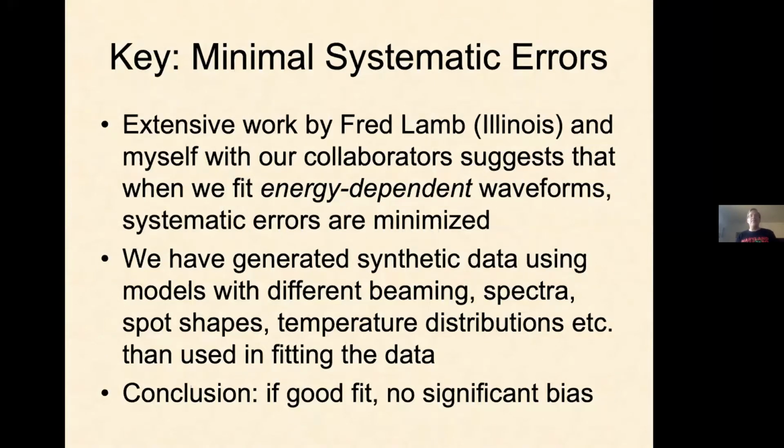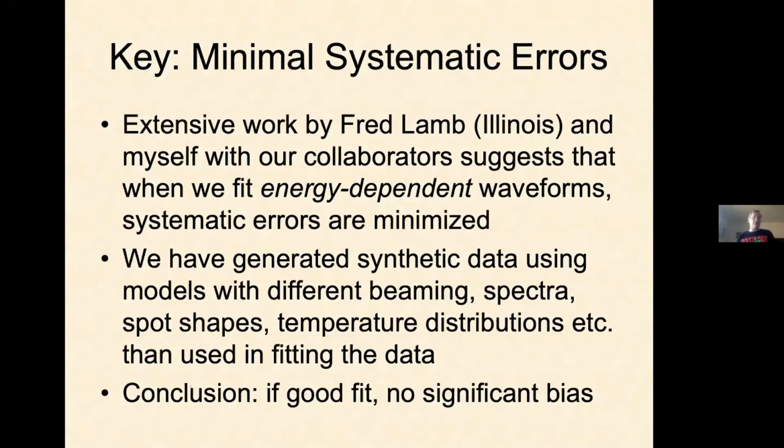In particular, Fred Lamb of the University of Illinois and I have worked with our colleagues for many years to determine whether we have a similar problem with NICER-like data. The difference of NICER data is that you introduce not just the spectrum, but also the phase dependence of the waveform. You can think of this, therefore, as an energy-dependent waveform, or you can think of it as a phase-dependent spectrum. It adds a new dimension to the data.